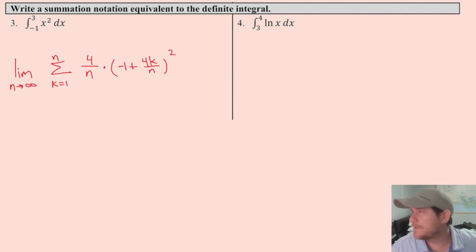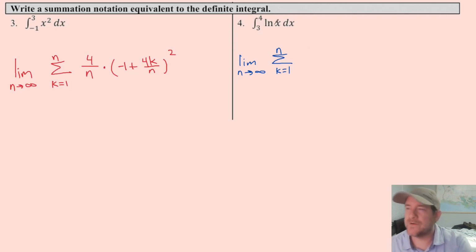And what about 4? 4 is going to end up being the limit as n goes to infinity of the summation from k equals 1 to n. Let's see, 4 minus 3 is only 1, right?